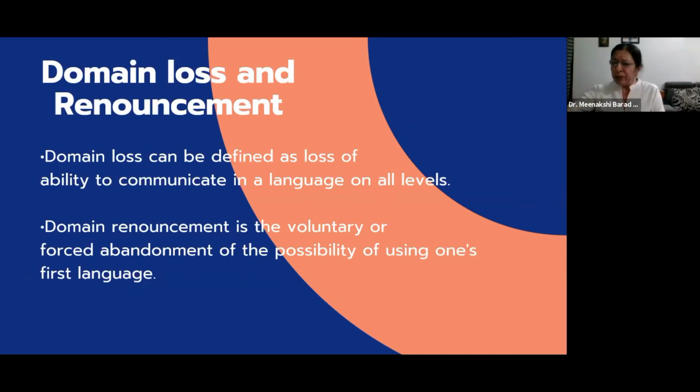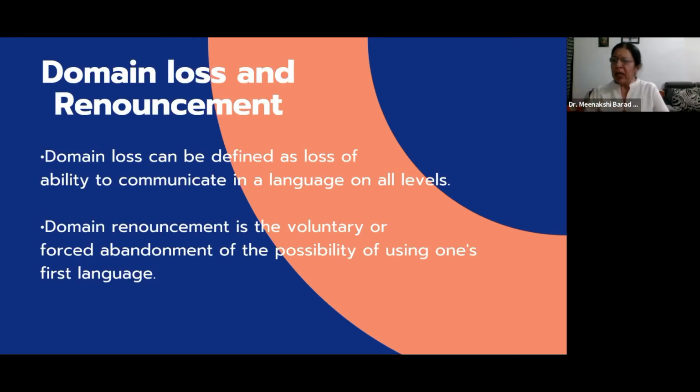And then domain loss always occurs when a language community fails to develop suitable means of communication. Now take for example computer. Okay, more than bathroom, I think computer is a very common word where we don't have it across languages.